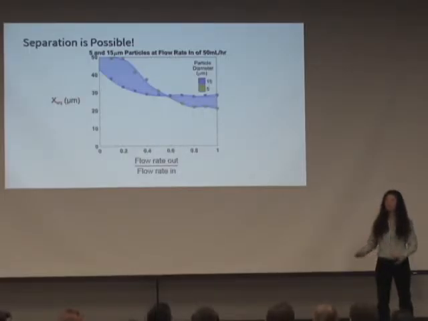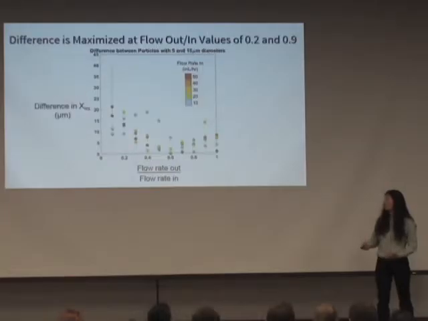If I take this difference between the 5 and 15 and plot that for different flow rates, I get this. Each color represents a different flow rate in, and the height of each marker represents the difference in 5 and 15, the physical difference.